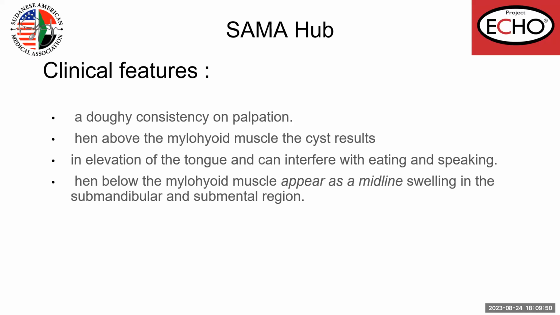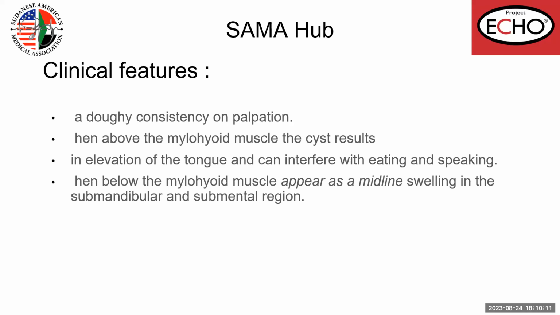Or it can take place below the mylohyoid muscle and appear in the midline as a double chin. So here in the dermoid cyst, our landmark is the mylohyoid muscle.